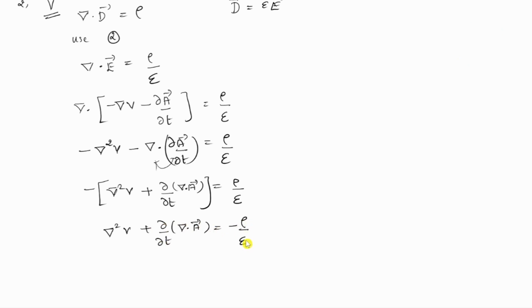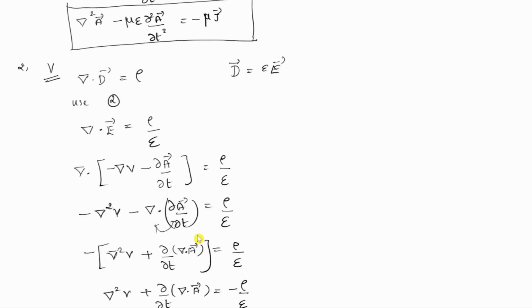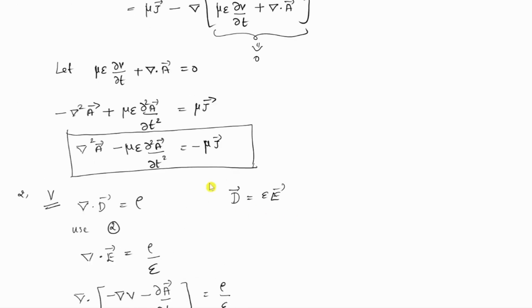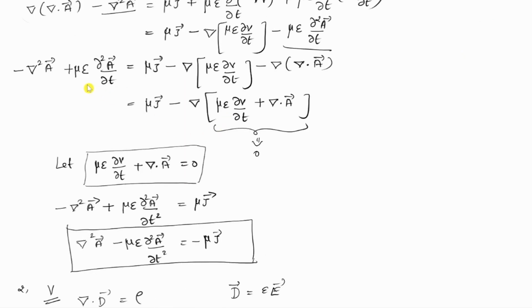In this equation, we have the del dot A term, so we have to replace it using the condition that we have derived. In order to make them wave equations, we have set all the first order terms to be 0.